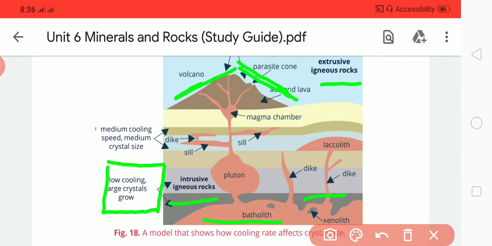Compared sa extrusive igneous rock, they have fast cooling, so mas madali lang silang naga-solidify, and then they have a smaller crystal size compared sa intrusive igneous rocks na slow cooling sila. That means dugay sila mag-solidify, dugay sila mag-formed into rocks. So kaya meron silang mga malalaking crystals.